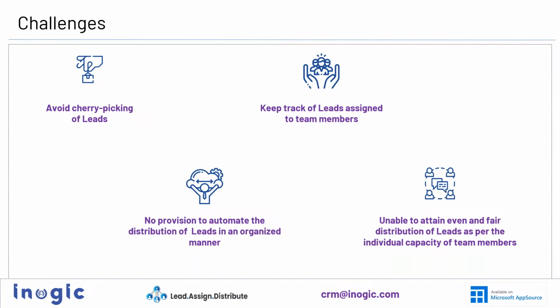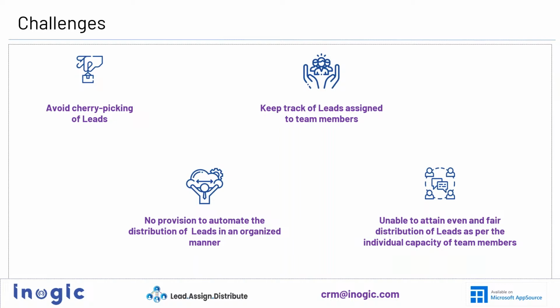We also don't have any provision to keep track of the leads which are assigned to the team members. Further, in native CRM, there is no provision to distribute the leads in an organized manner. And even if so, the distribution of the leads cannot take place fairly. Now, when I say fairly, it basically means the records or the leads cannot be assigned to the team members based on their available capacity.